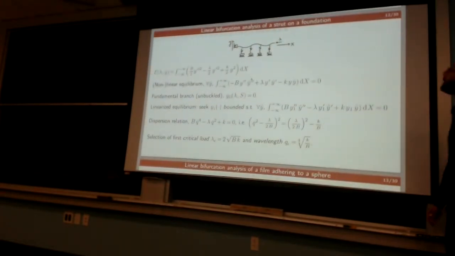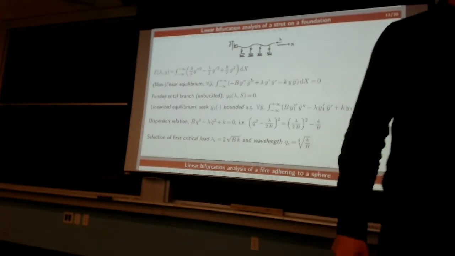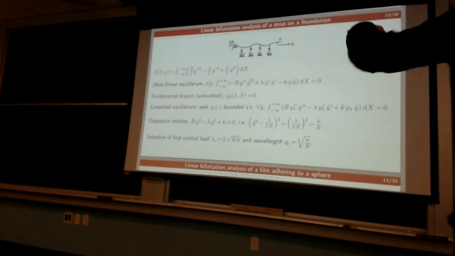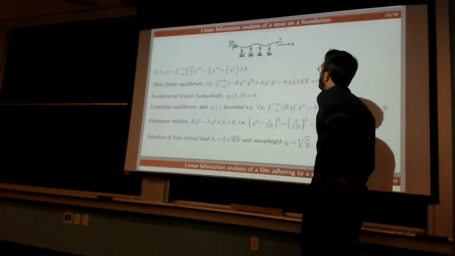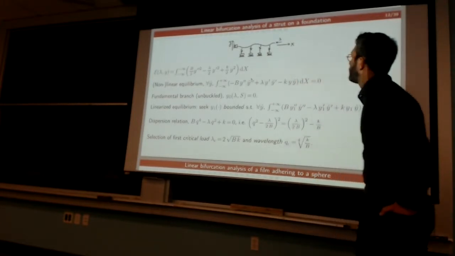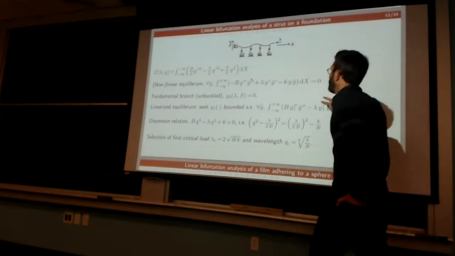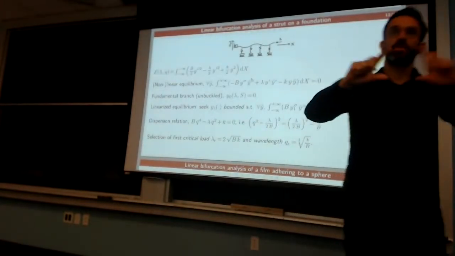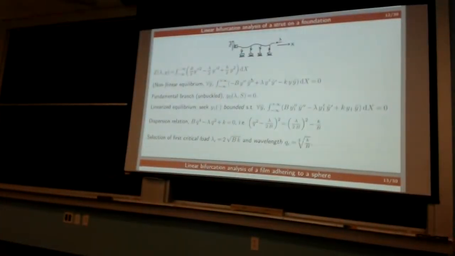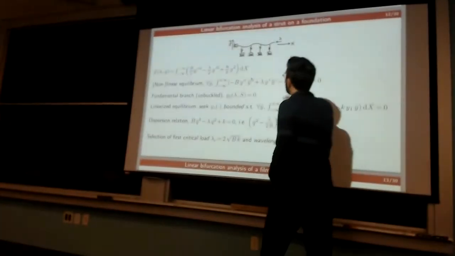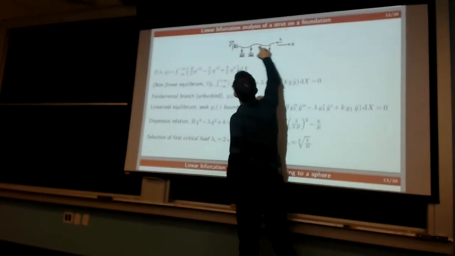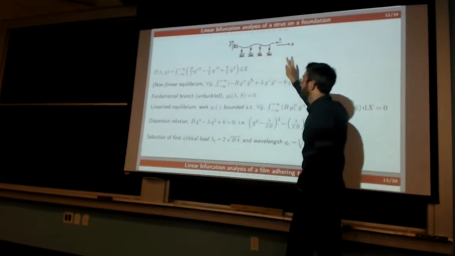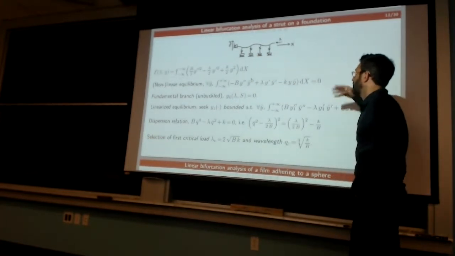We can do that for another interesting situation, which is a strut, a beam resting on a linear foundation. That's a simplified representation of a hard skin on an elastic slab, for instance. It's simplified because we assume that the elastic slab is just represented by springs, so it's a local interaction.